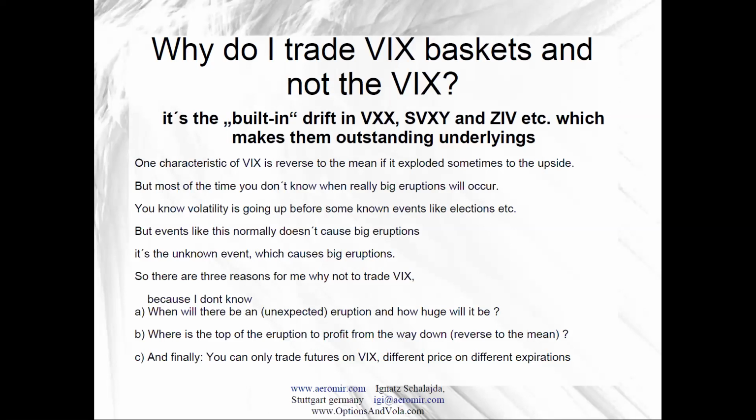So there are three reasons for me why I do not trade the VIX, because I don't know when there will be an unexpected eruption and how huge it will be. Where is the top of the eruption, to profit from the way down, to profit from reverse to the mean. And finally, you can only trade futures on VIX, which have different prices on different expirations.